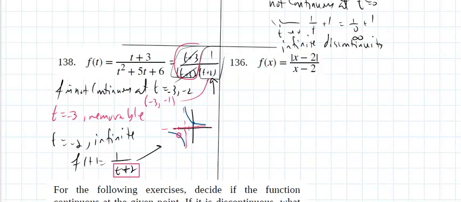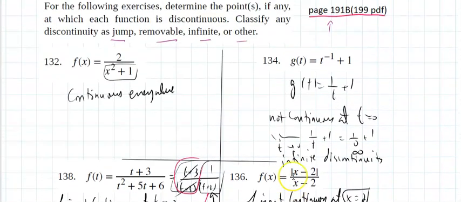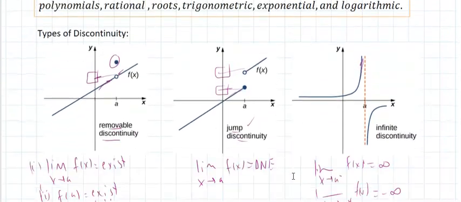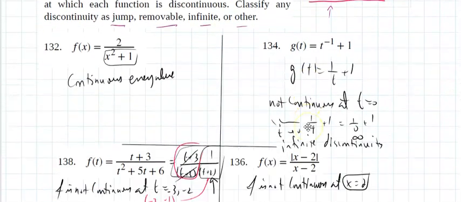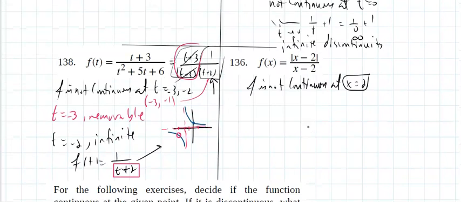Here, I know that f is not continuous at x equal 2, the denominator equals 0. But here, you notice that absolute value is not included in those. Well, let's see. If we take the limit as x approaches 2 from the left, the denominator is x minus 2 all the time.